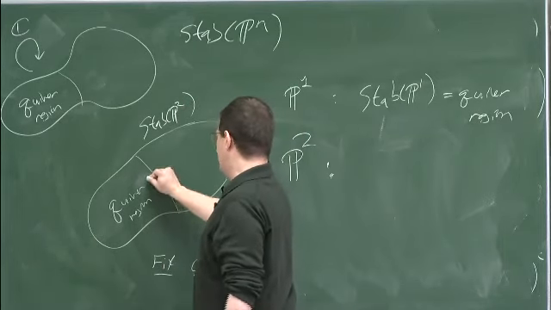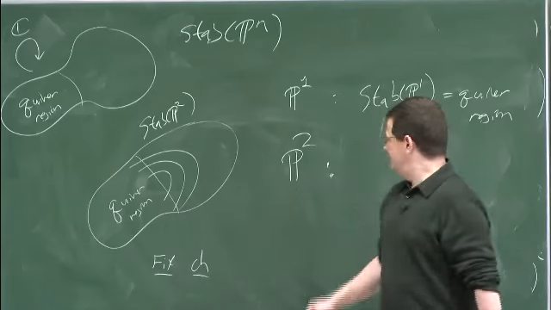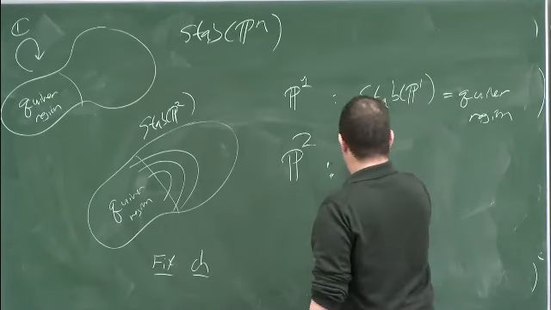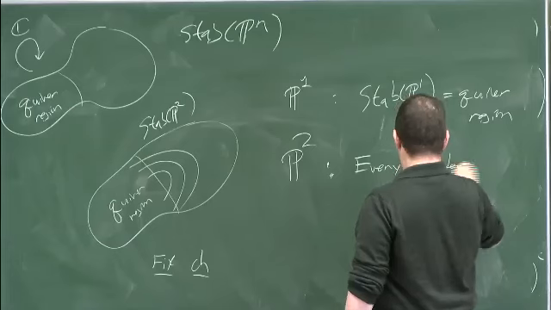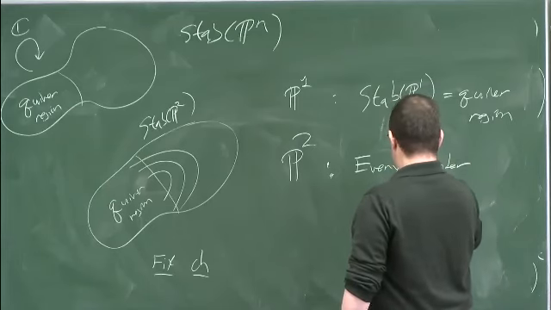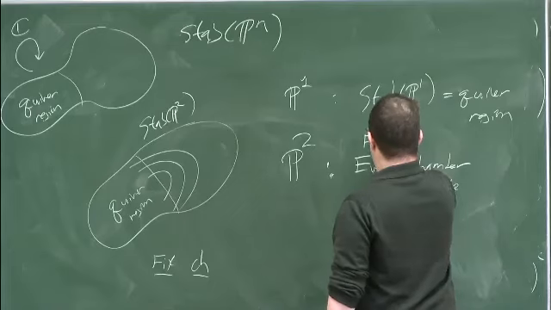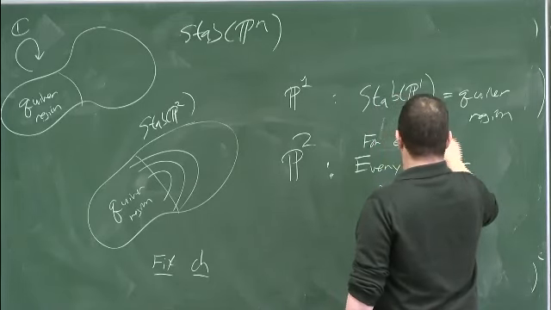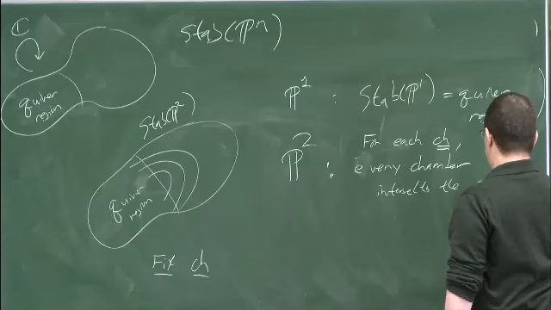And it turns out that every wall, every chamber intersects the quiver region. So for each fixed ch naught, every chamber intersects the quiver region.